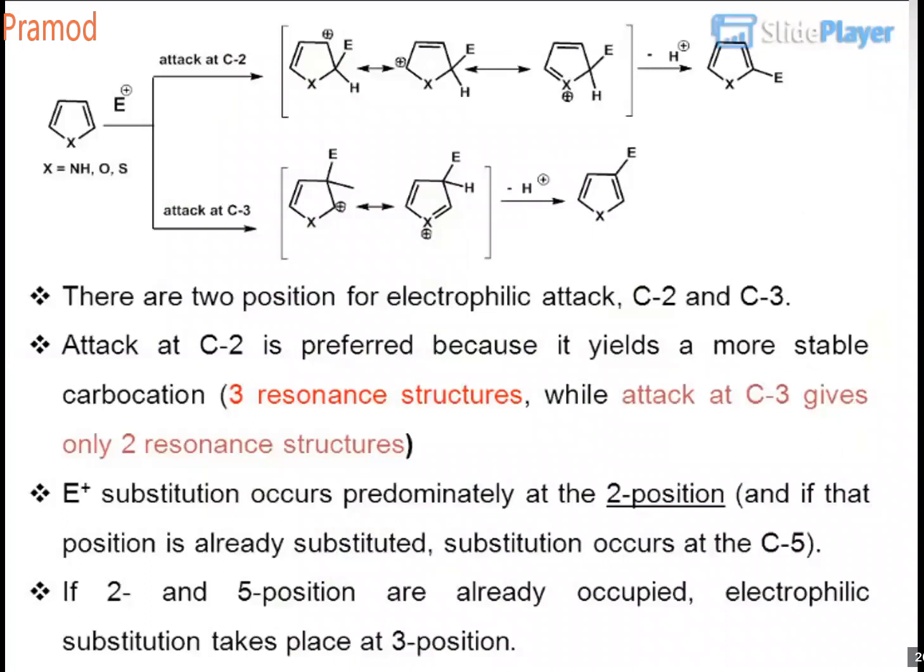Similarly, this is why the reaction takes place at the 2nd position for all the 5-membered ring heterocycles. This is the reason why there is more reactivity at 2 and 5, because there are more resonating structures compared to position 3.